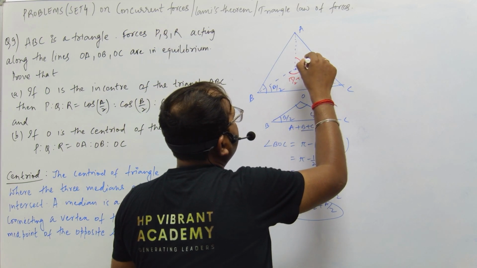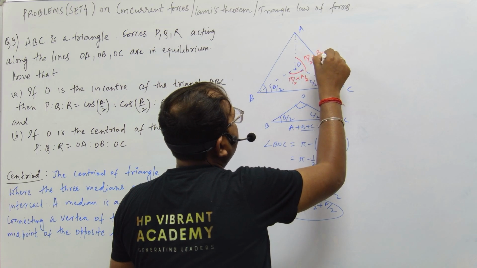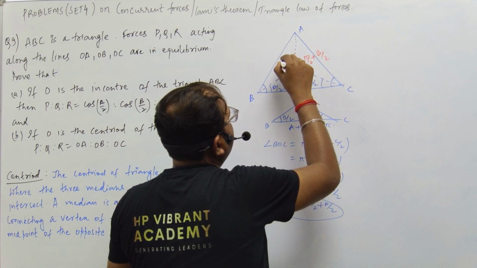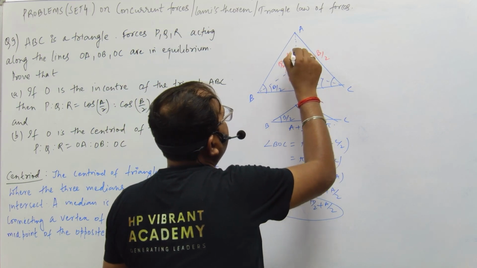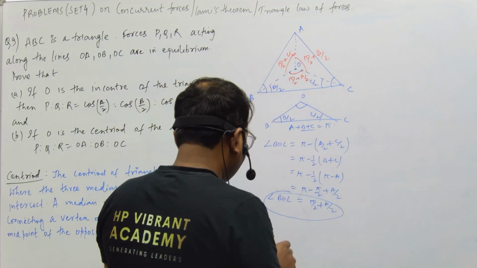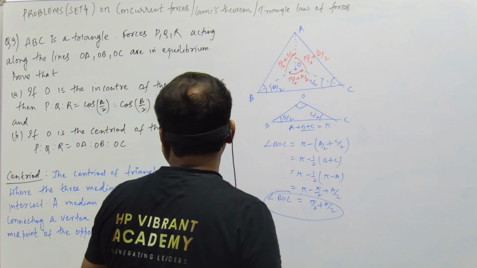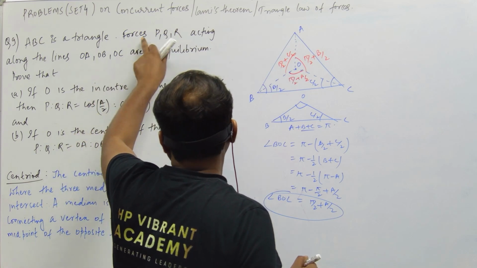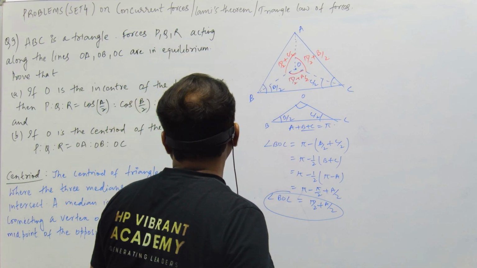Similarly, this angle is pi/2 plus B/2, and this angle is pi/2 plus C/2. We have the forces: the forces P, Q and R are acting along the lines OA, OB and OC.